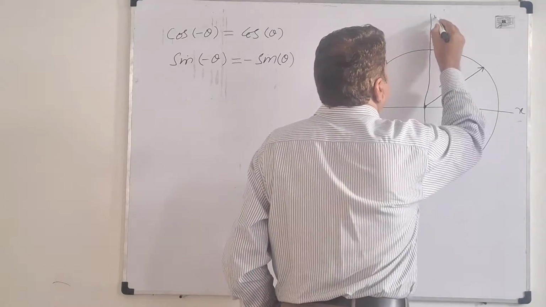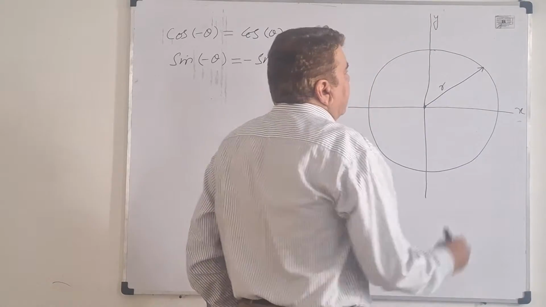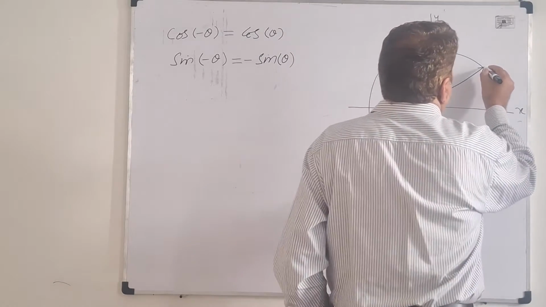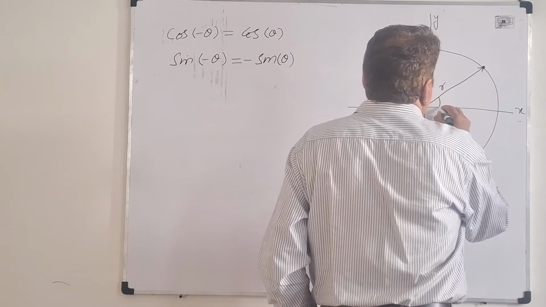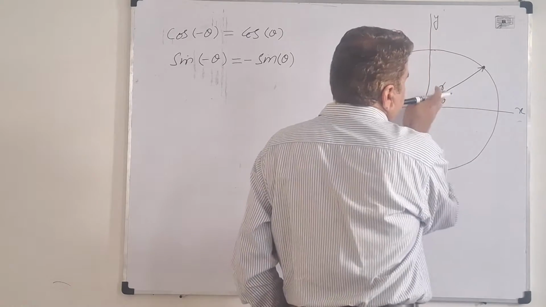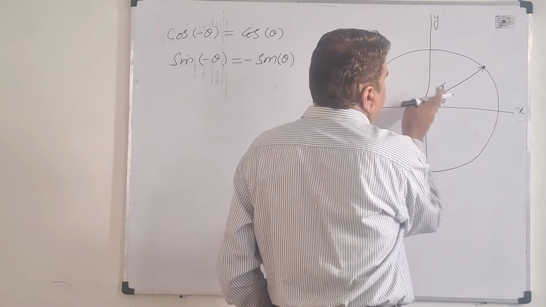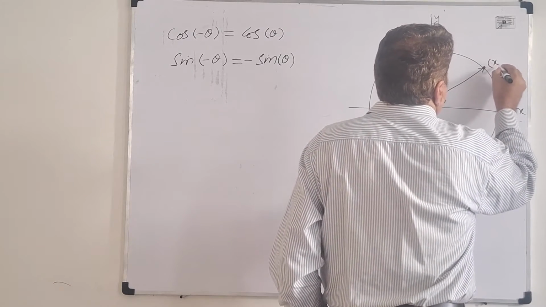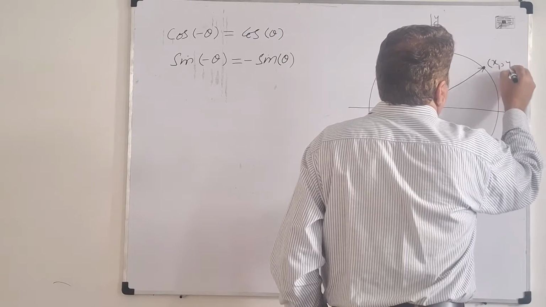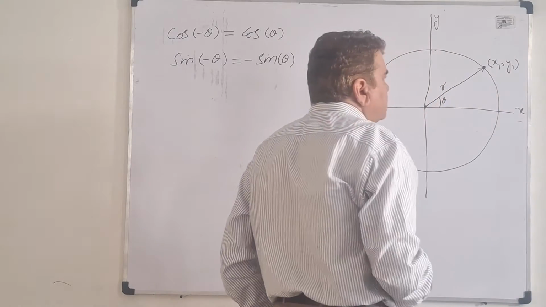I call this x and this y, and then I consider a point like this one, which makes an angle theta, an anti-clockwise rotation in the standard position, and let the coordinates of this point be x1 and y1.